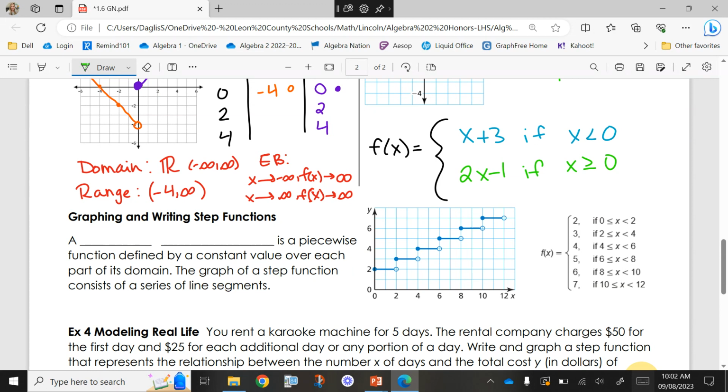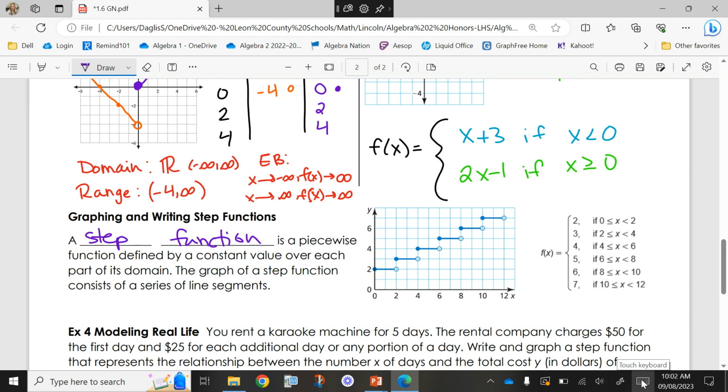I'm not going to give it to you. What do you think that graph looks like? Stairs. Ooh, stairs or steps. So guess what this is called? A step function. Look at that. Good job, friends. A step function is a piecewise function defined by constant value over each part of its domain.